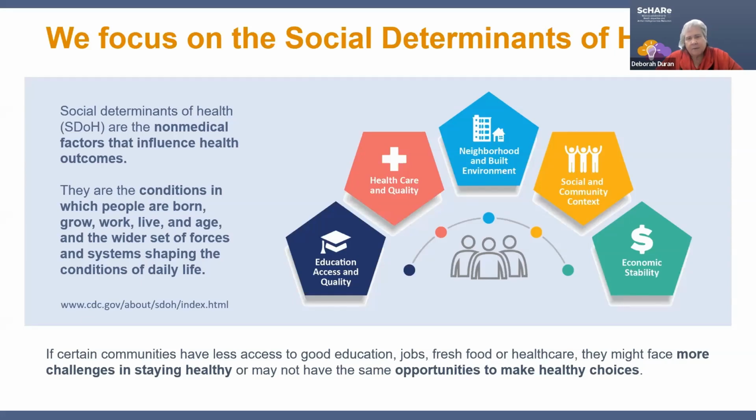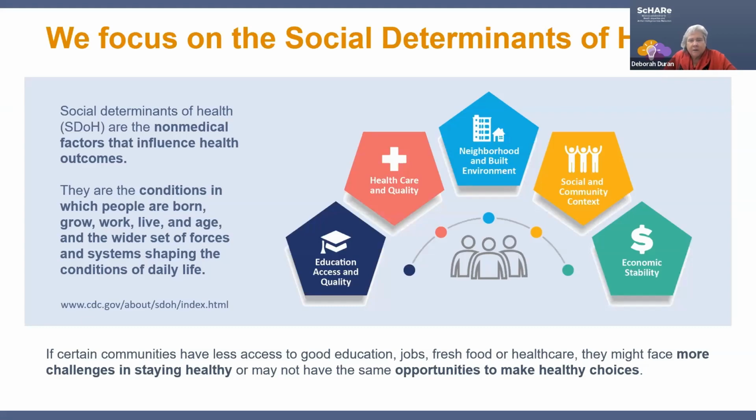And another one is social and community context. So this is your neighborhoods, where there's rich fruits and vegetables everywhere, or there's food deserts where there's lack of food, and high fast food places and high areas of alcohol stores, but not grocery stores.